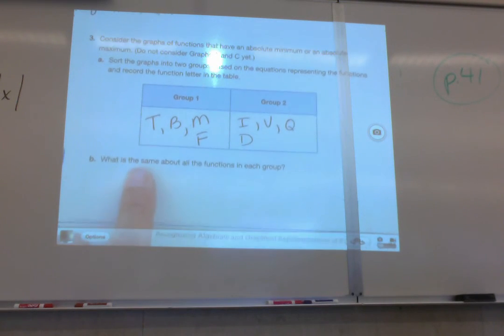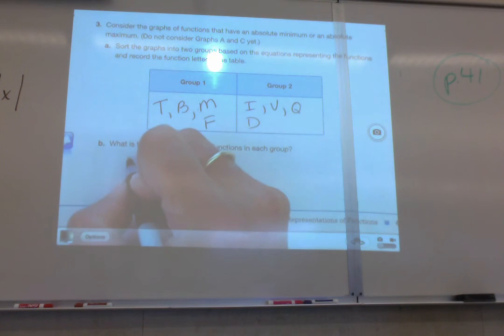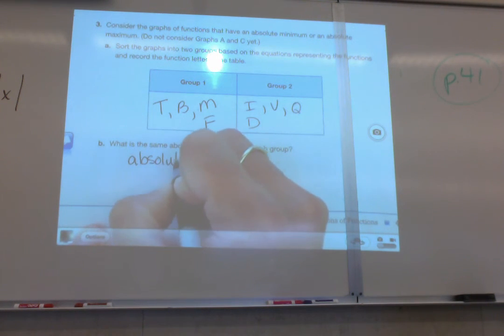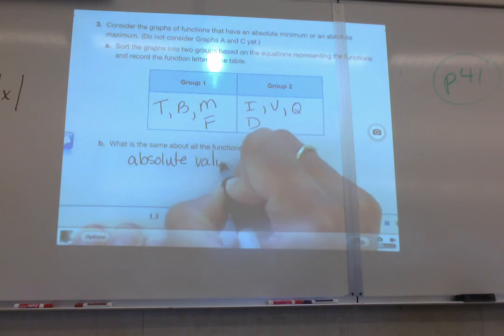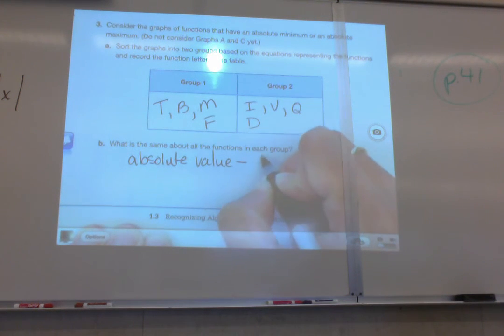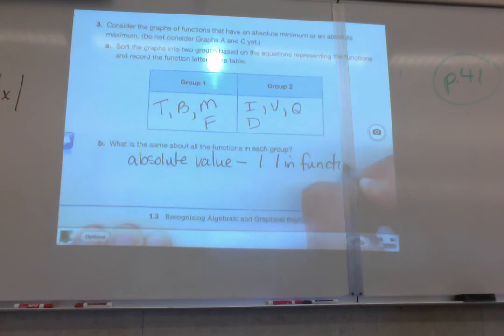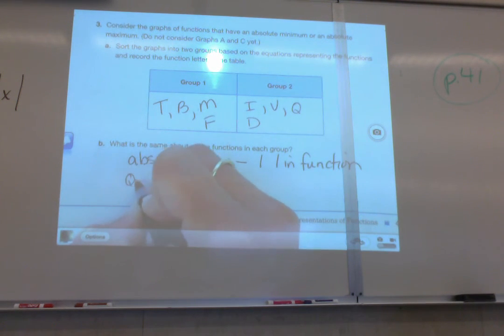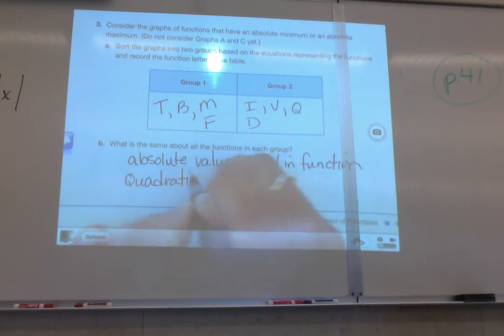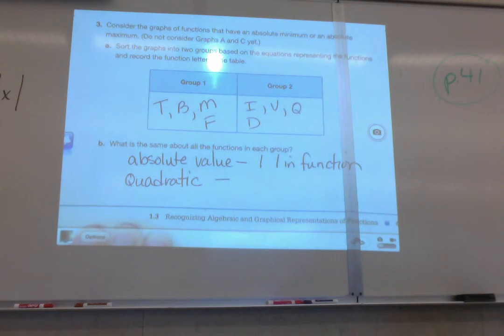What is the same about all the functions in the absolute value group? They had an absolute value in the function. In the quadratic group, what did they have in the function?